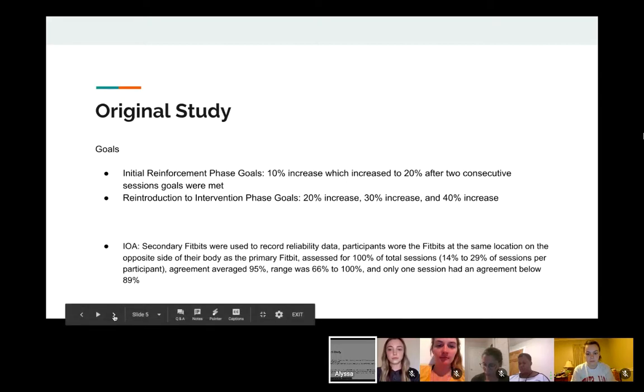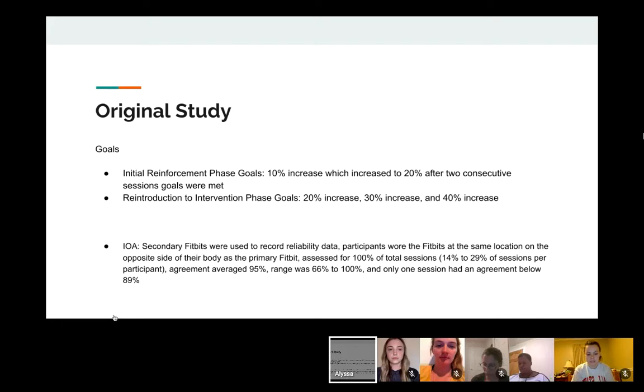The goals were a 10% increase. And once that increased, 20% after the goal was met.